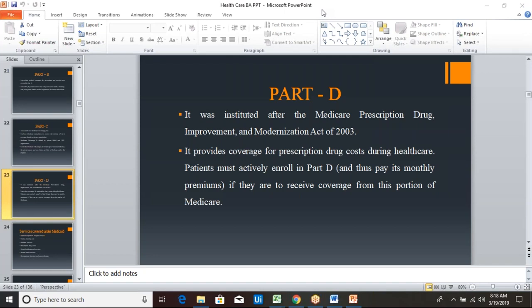That understanding you must have as a BA, apart from the rest of the things. Not about the medical coding; medical coding is done by those people, not by you. You're not going to do that. Clear, Bhavna? Yes.